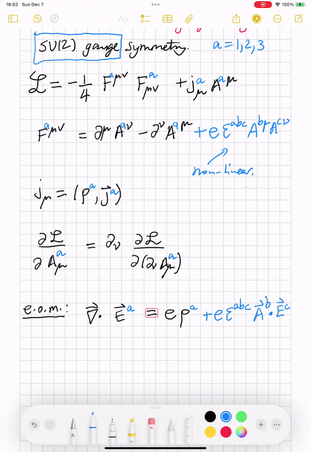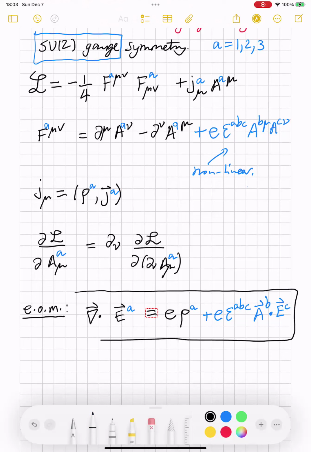So these would be called the gauge bosons. So the gauge bosons interact with each other. And this is the equation of motion that we want to study. We want to study the classical properties of this equation of motion. And the most important consequence of this is going to be that the charge is anti-screened. And we're going to find out that the charge grows large at long distances.